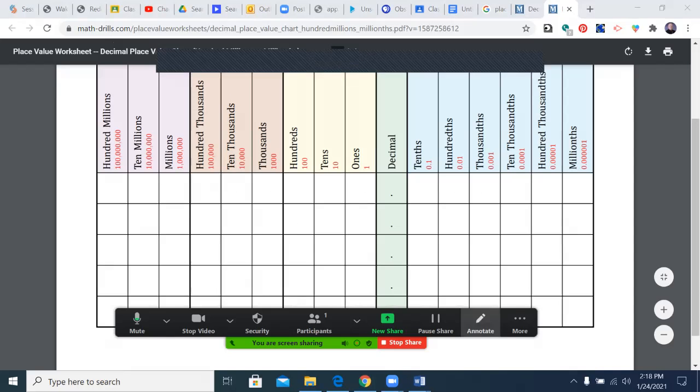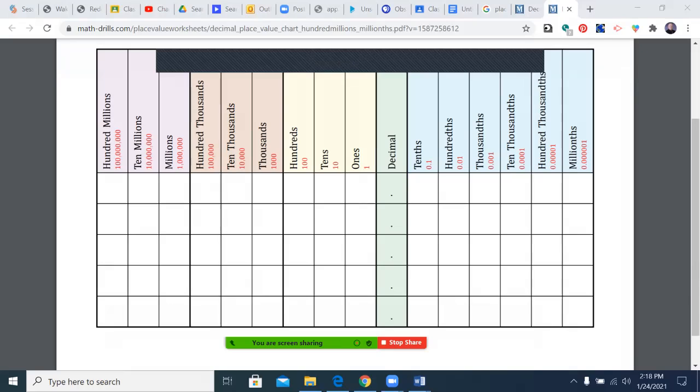I'll use this tool a lot in this particular lesson. And this decimal column represents the dividing line between whole numbers this way and parts of a number this way.